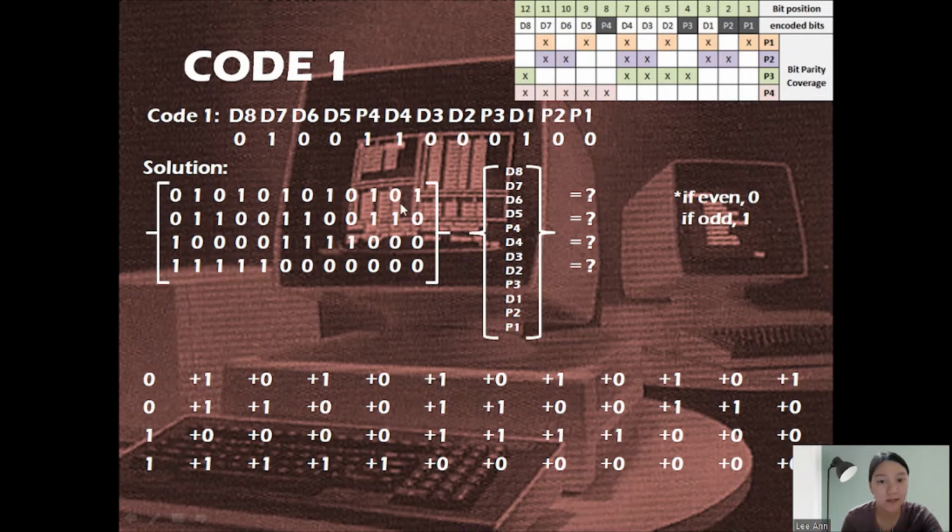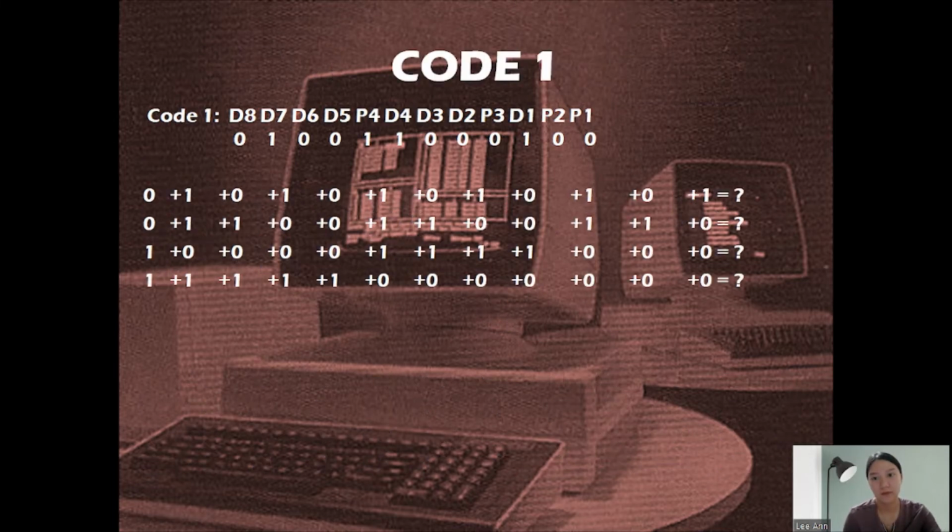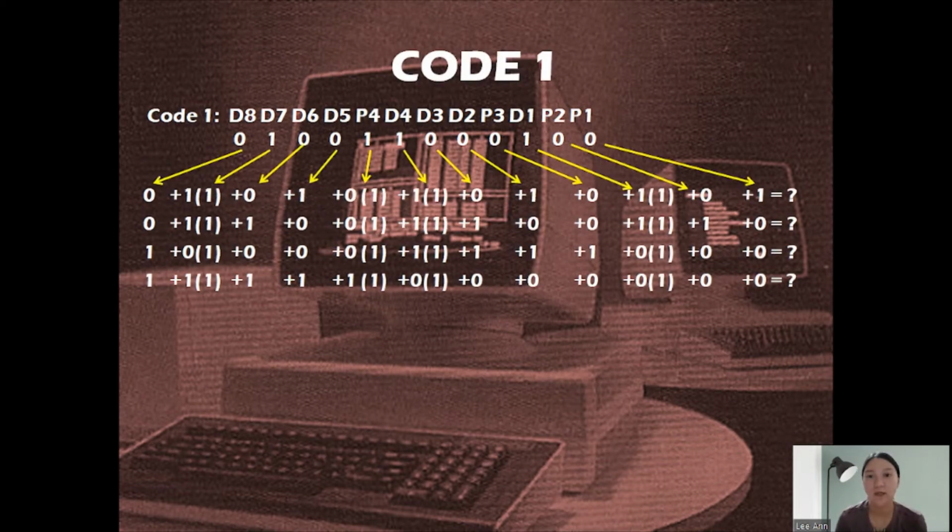So in finding the four unknown values, we need to multiply D8 to this first set of numbers, and then D7 to the following, D6, D5, and P4, which means the fourth parity, and so on. So in code 1, we're going to multiply the following values of the code according to its chronological arrangement to the set of the numbers.